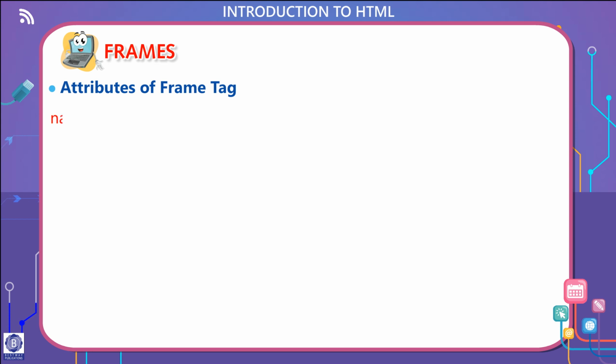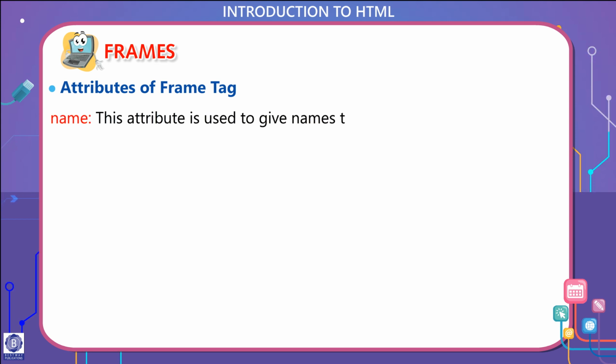Attributes of the frame tag. Name: this attribute is used to give names to the frame.